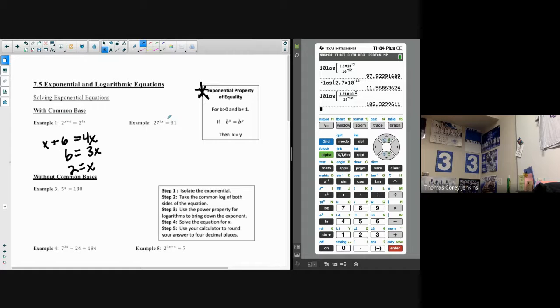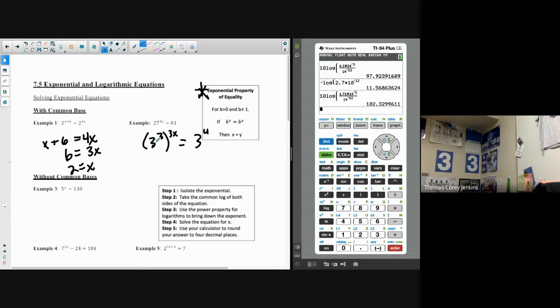So that would be your common base. What we're going to do is rewrite 27 as 3 cubed, and we want to rewrite 81 as 3 to the 4th.